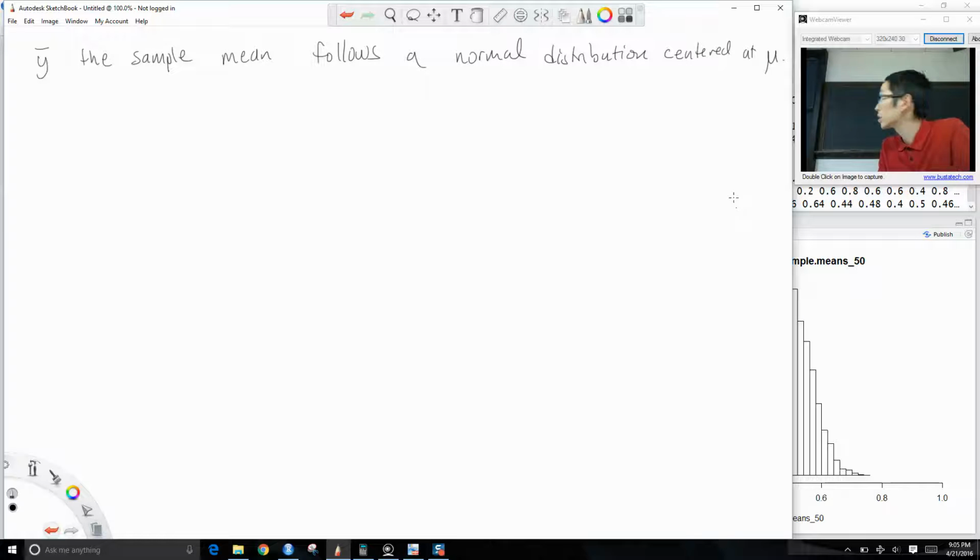That was the central limit theorem. So when we see y bar, we know that mu should not be too far away.